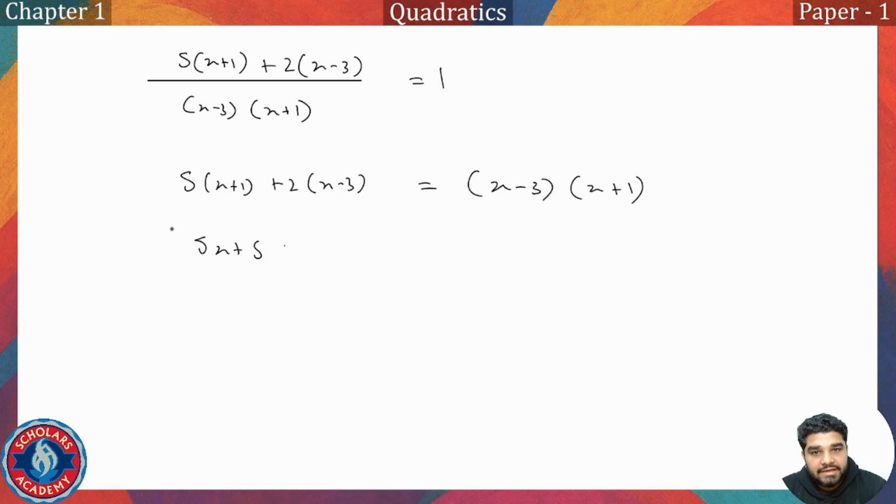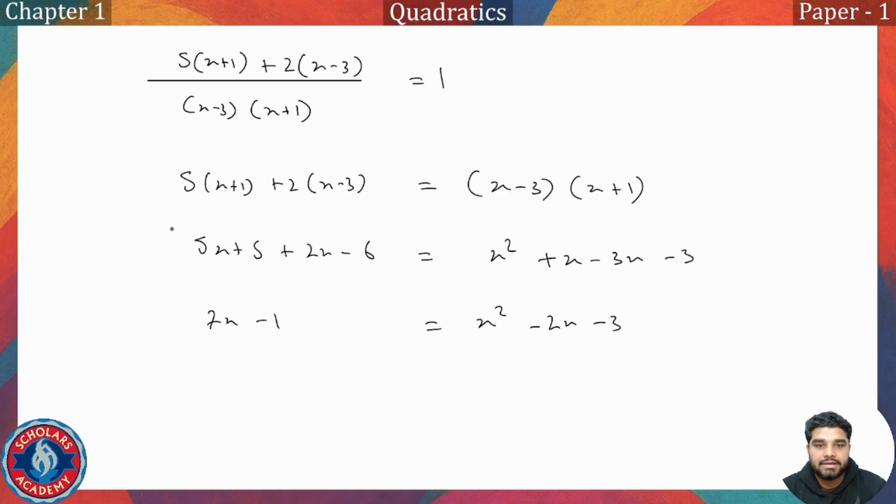Simplifying it, we get 5x plus 5 plus 2x minus 6 is equal to x square plus x minus 3x minus 3. Bringing everything to the left hand side, first let's simplify it. We get 7x minus 1 is equal to x square minus 2x minus 3.